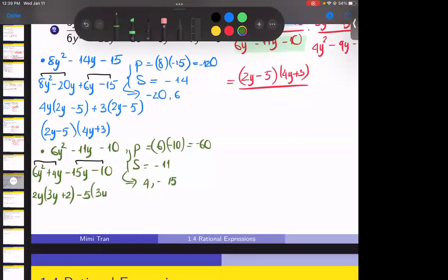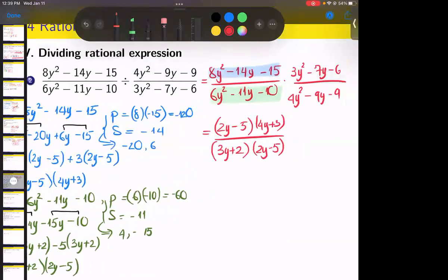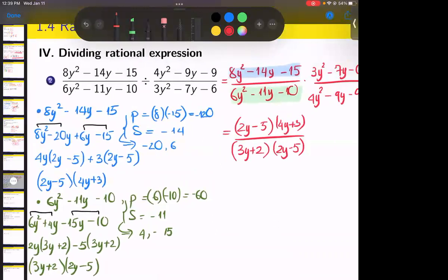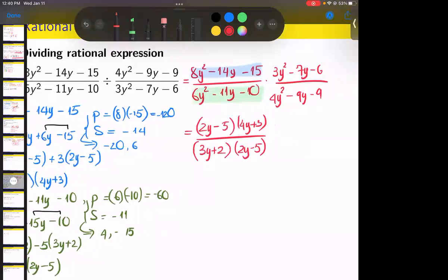So 3y plus 2 again. 3y plus 2 times 2y minus 5. Two down, 2 more to go. I'm so sorry, it's such a long problem.